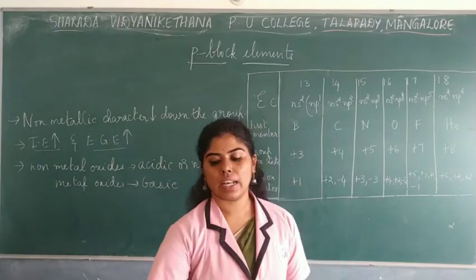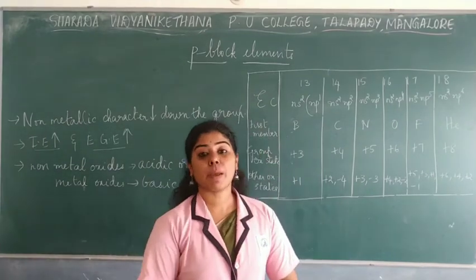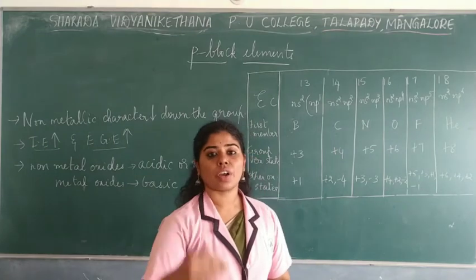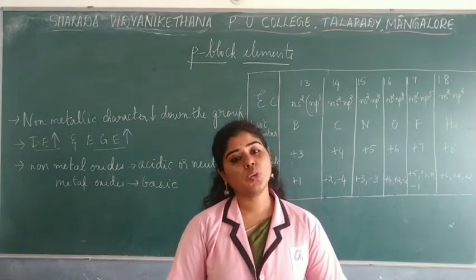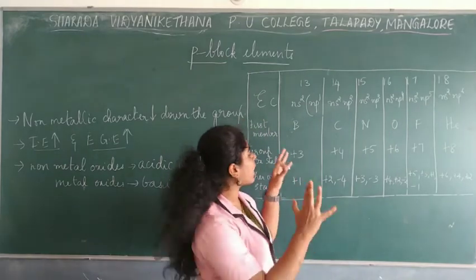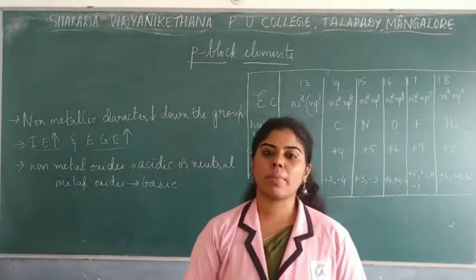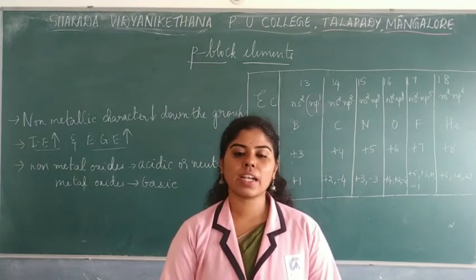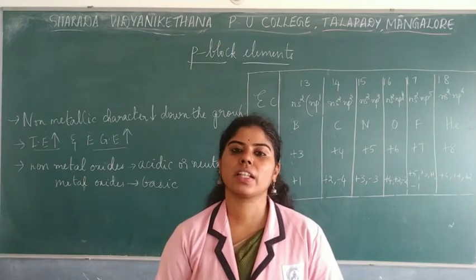Okay, so this is how you can identify which is a non-metal and which is a metal in the p block elements. Usually, the first members of the p block elements, like boron, carbon and so on, will have some unusual properties compared to the elements in their own group. Just like in the s block, you have studied lithium and beryllium, which have unusual properties compared to the elements in their own group.